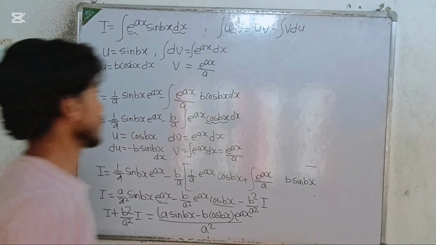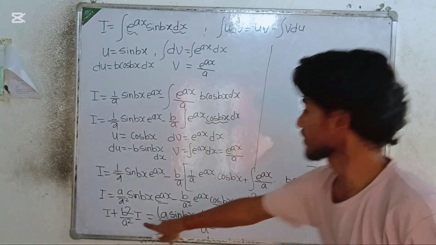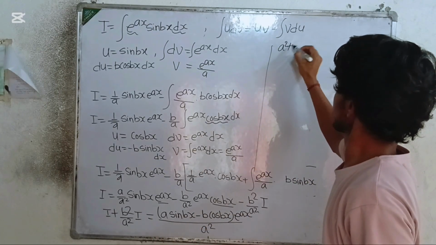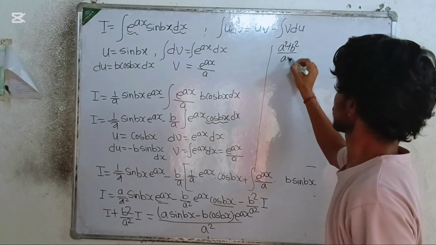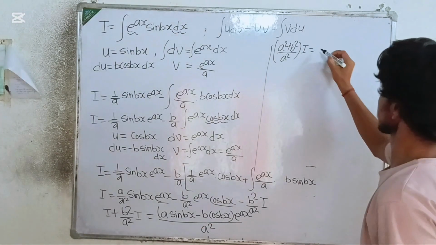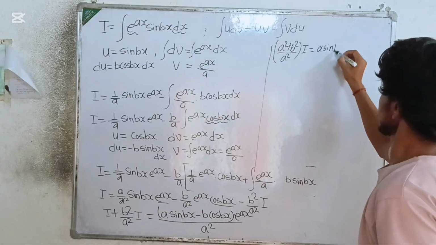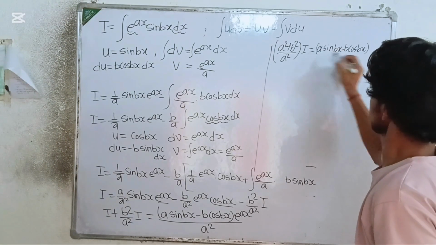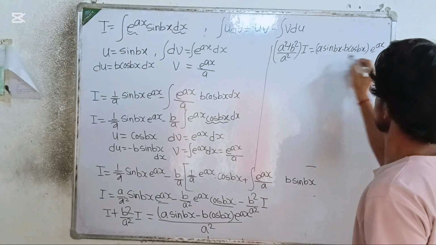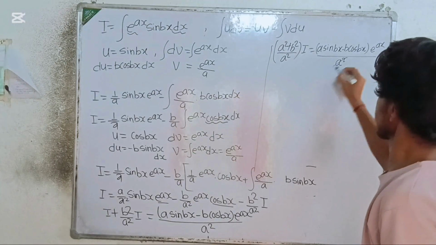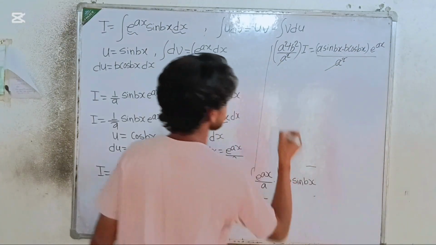Taking I common, I get a squared plus b squared over a squared times I equals a sine bx minus b cos bx times e to the ax, whole divided by a squared. The a squared terms cancel out.